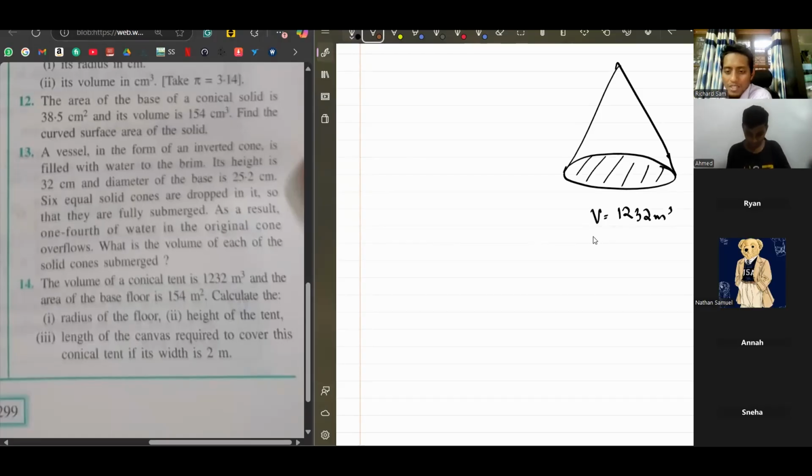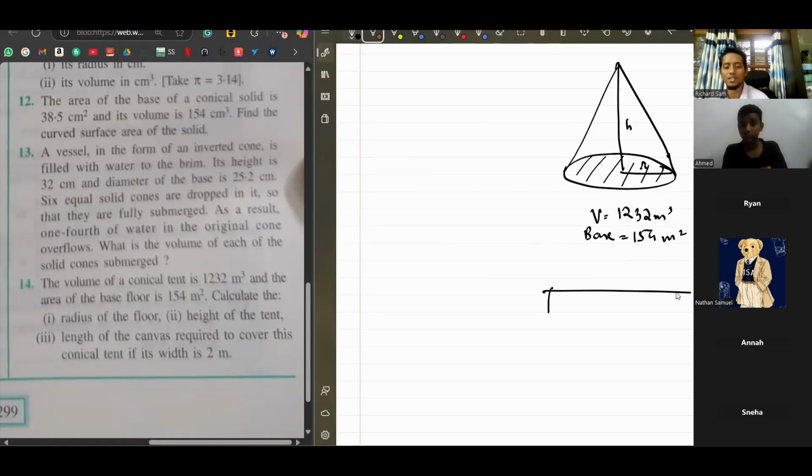So the area of that circle is 154 meters square. Calculate the radius of the floor. Calculate the height of the tent. Calculate the length of canvas required to cover this conical tent if the width is 2 meters.